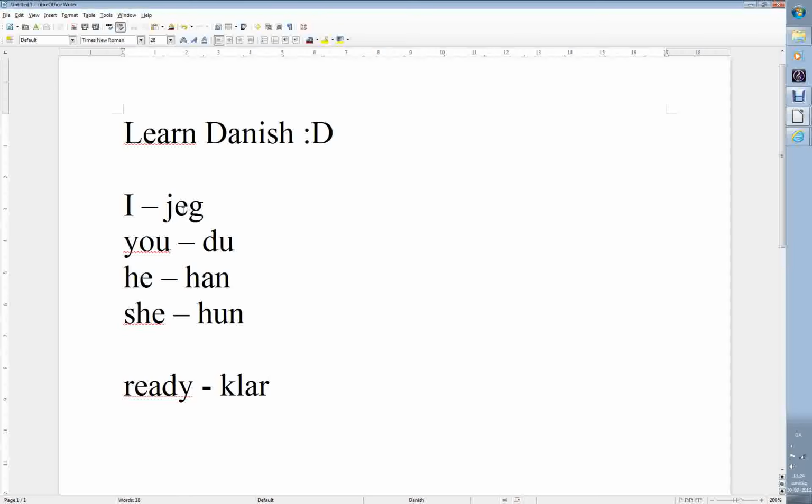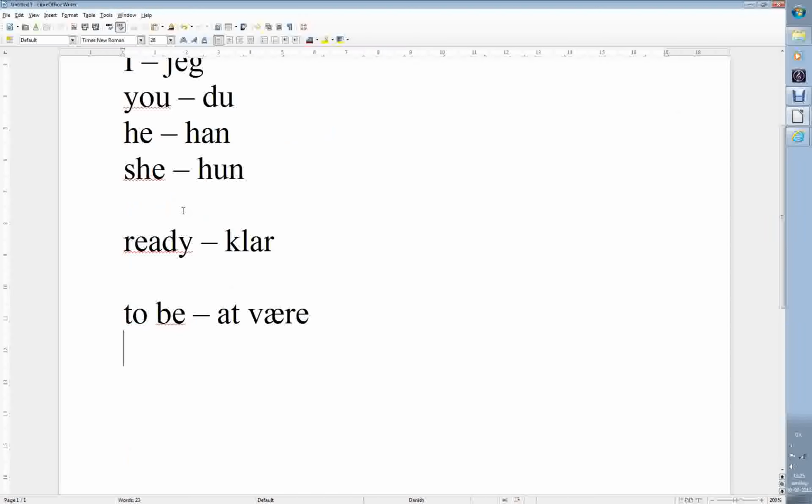Klar. Okay. And we'll just mention to be, also important, and in Danish we have it as være, so it's the same infinitive form I'm showing here, and of course to then becomes at in Danish, and I think we use the infinitive more or less like in English, so it shouldn't be that difficult to learn that part.